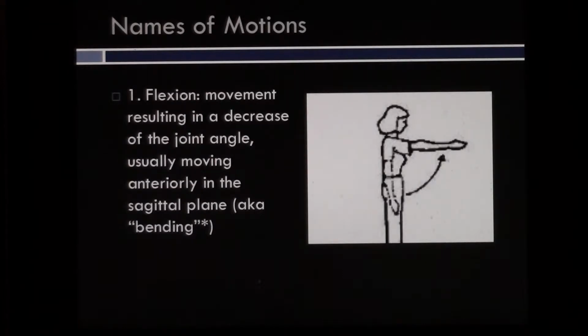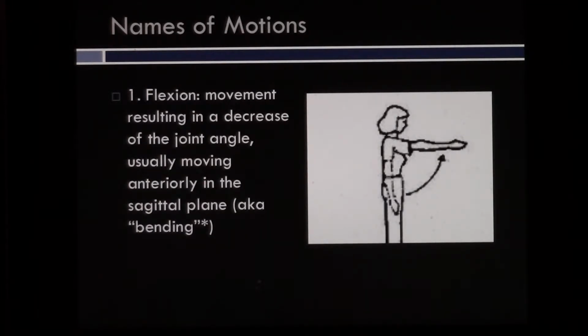So when he moves doing flexion, like we see in this picture, this gal is moving her arm forward. Basically she's going from 180 at the bottom up to 90. Now her arm, straight out in front of her, is at 90 degrees. And if she continued until her arm was directly over her head, that would be 0 degrees. That's flexion, a movement resulting in a decrease of the joint angle. Again, it went from 180 to 90, and if she kept going, it would go to 0.